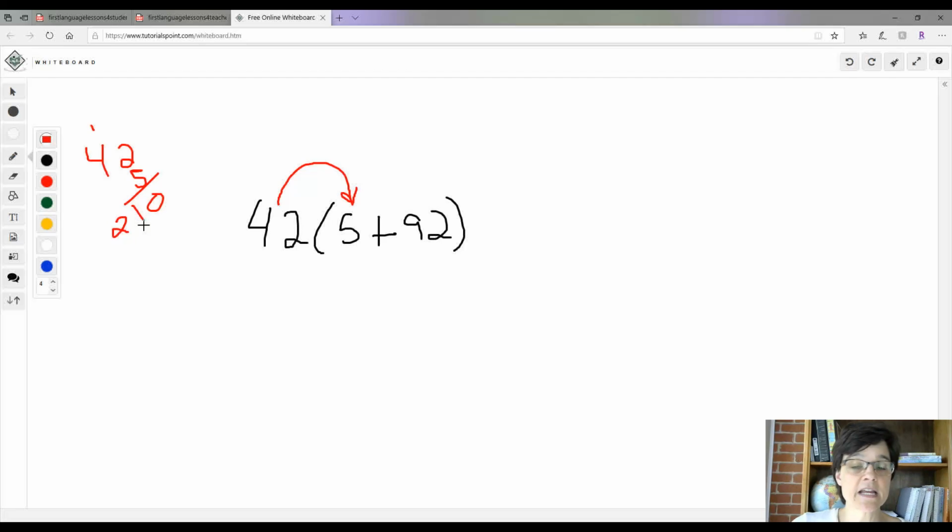We get 210. Okay, so 42 times 5 is 210. This is plus, we'll bring that down. And then we're going to distribute again. We're going to take 42 times 92, because remember, this means times. So 42 times 92.